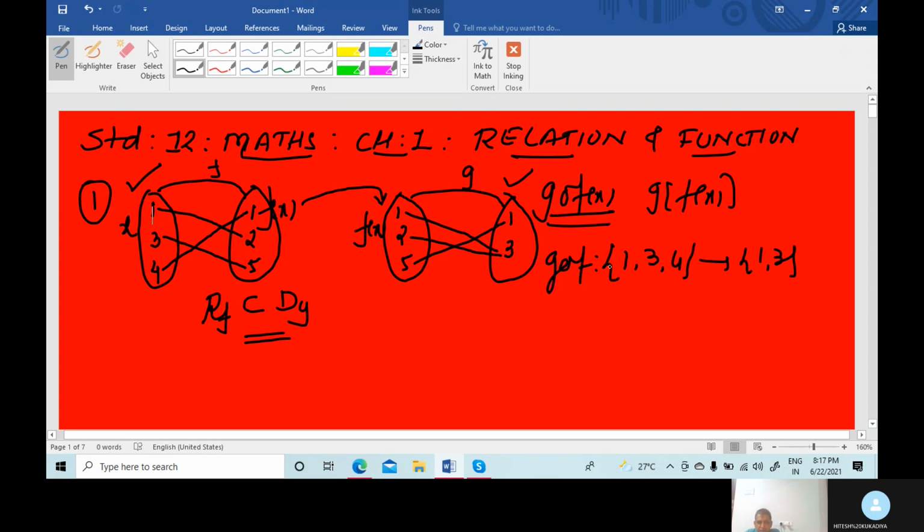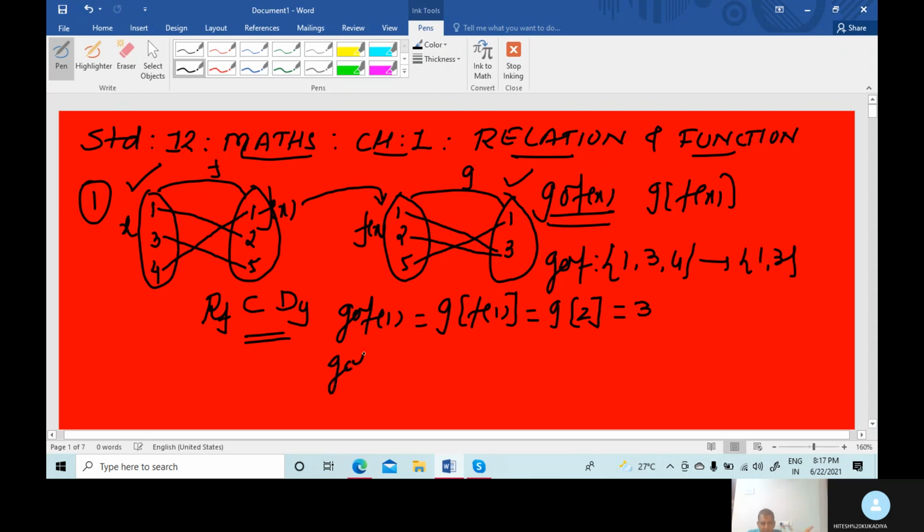Now we continue the discussion. Place the values of the domain. (g∘f)(1) is g of f(1); f(1) is 2 and g(2) is 3. Our answer must be 1 or 3, because the codomain is {1, 3}.